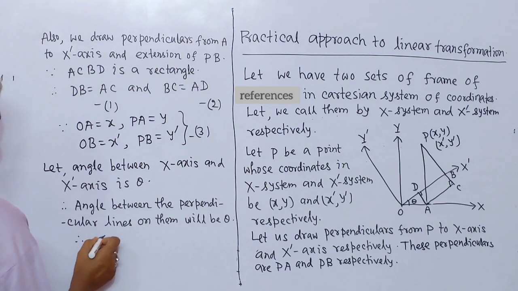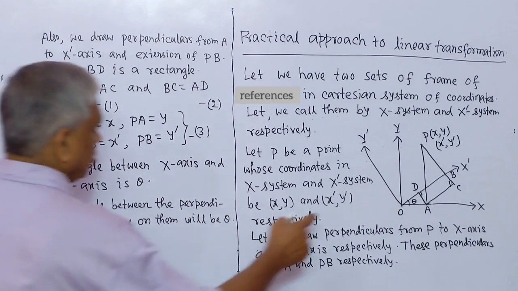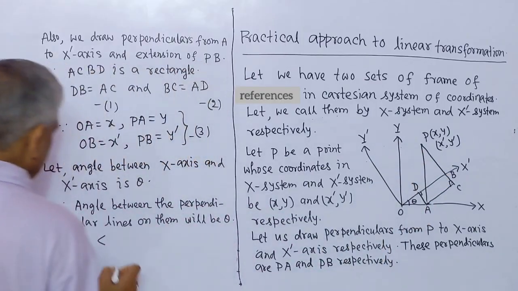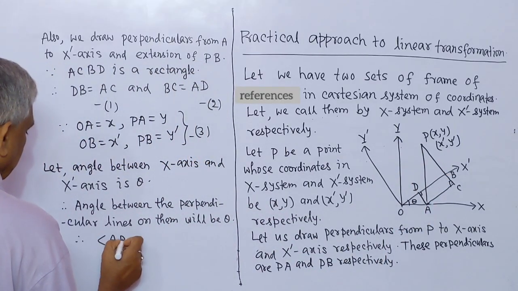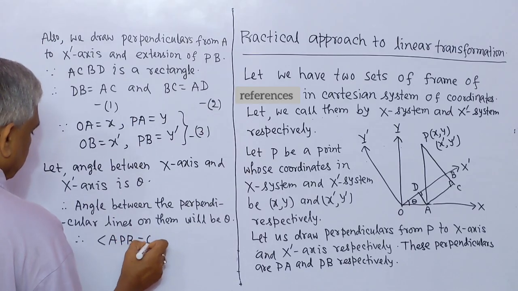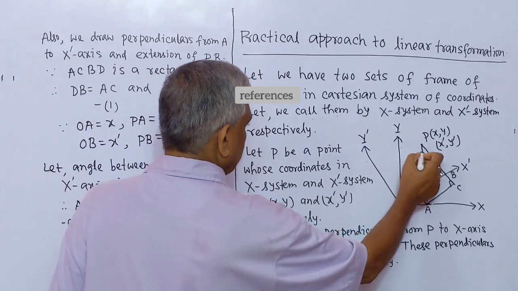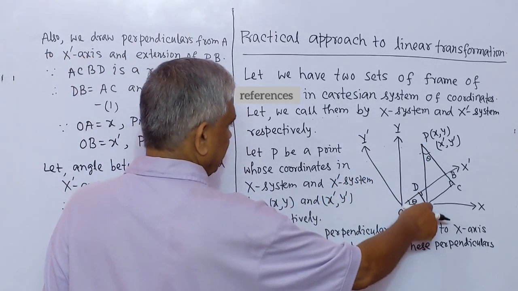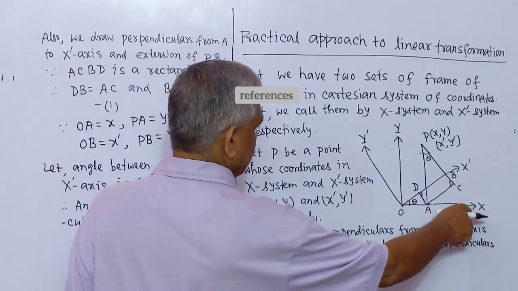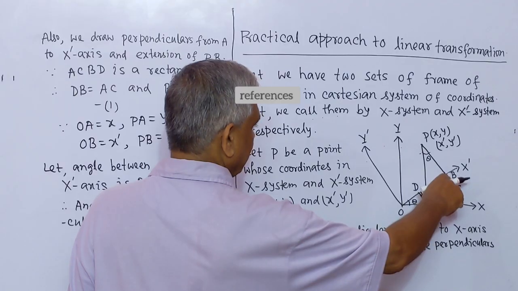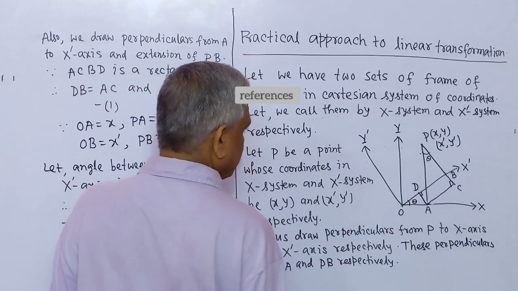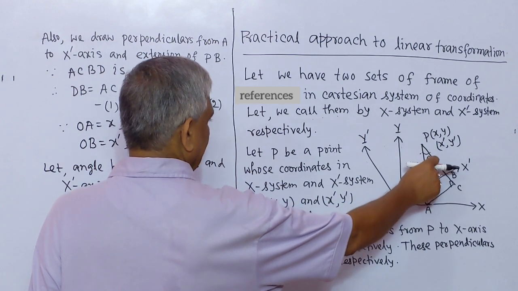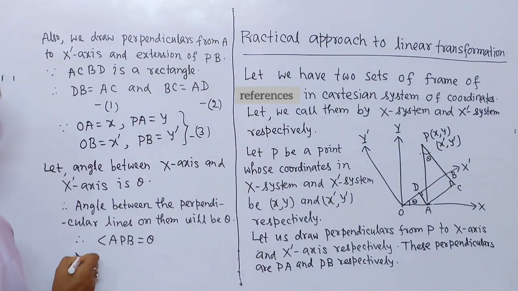Therefore, angle APB equals theta. PA is perpendicular to the x-axis and PB is perpendicular to the x prime axis, and the angle between them is theta.